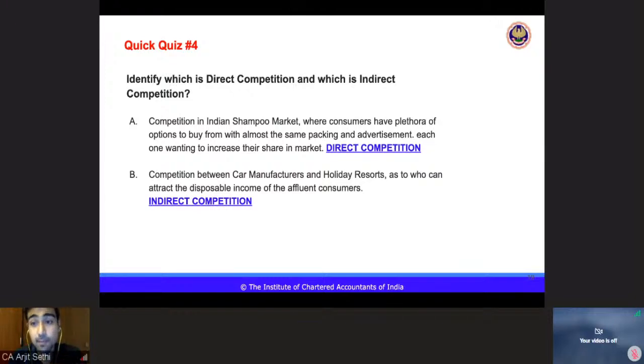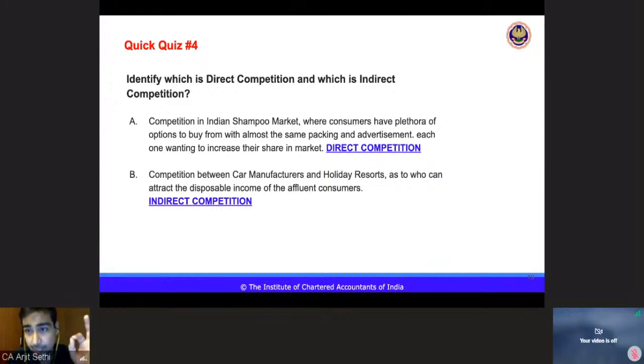So where consumers have a huge amount of options to buy from with almost the same packaging and advertising, each one wanting to increase their share in market, right? So this is a direct competition, selling the same product, with the same packaging. You go to a stand in a big bazaar or in a grocery store, and you ask for a toothpaste, you have 10 different options. You ask for a shampoo, you have 10 different options.